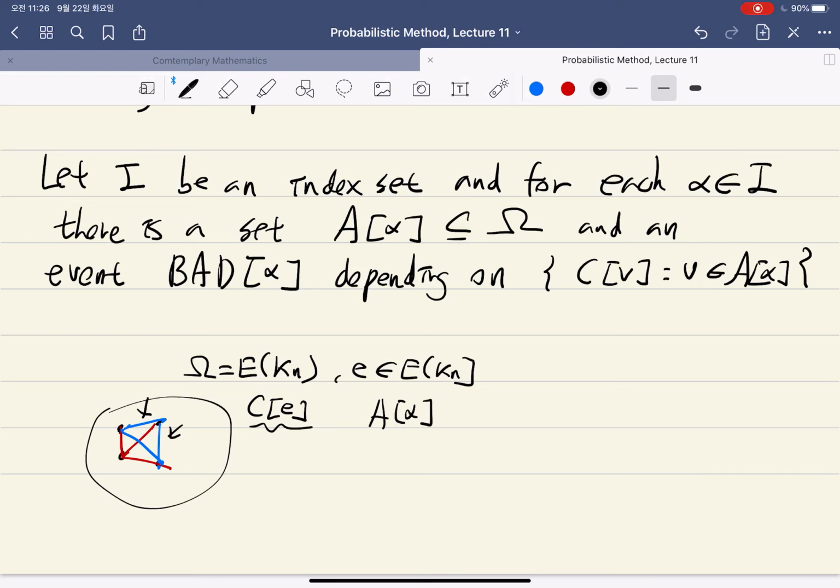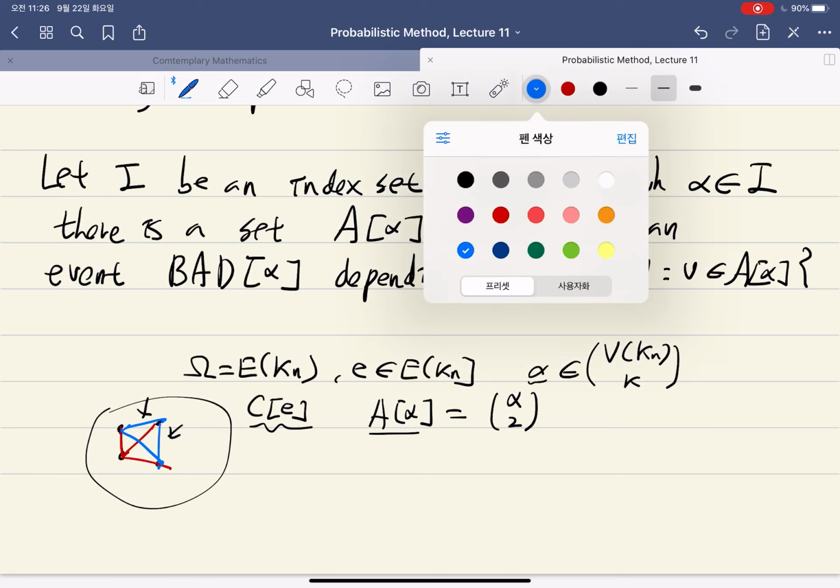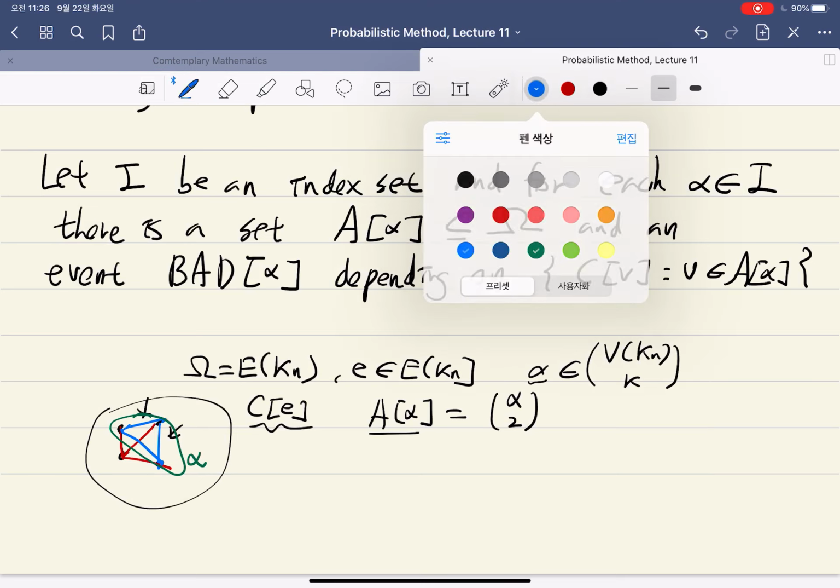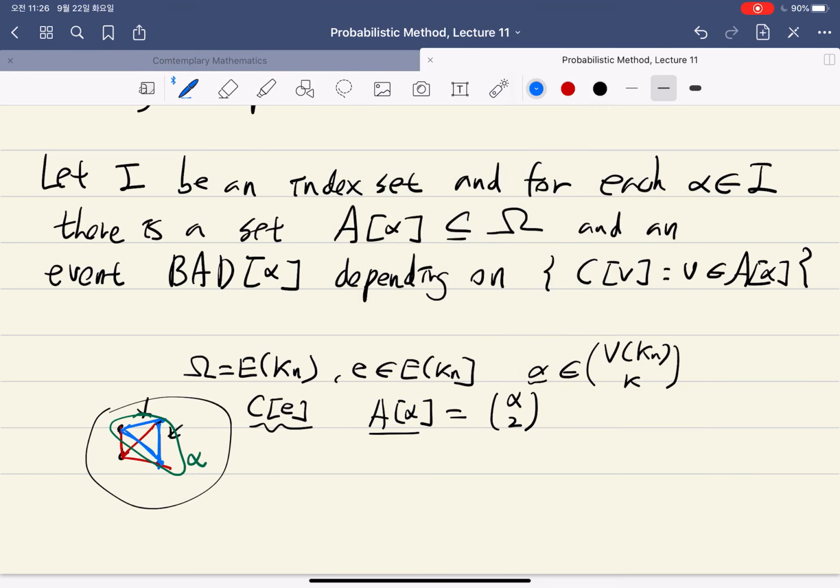And alpha is, say, a set of size k. And A alpha is exactly the collection of edges inside of alpha. So alpha is a set of size k, and then you choose all the edges here. For example, in here you can say that this is alpha. Then these three edges form A alpha.